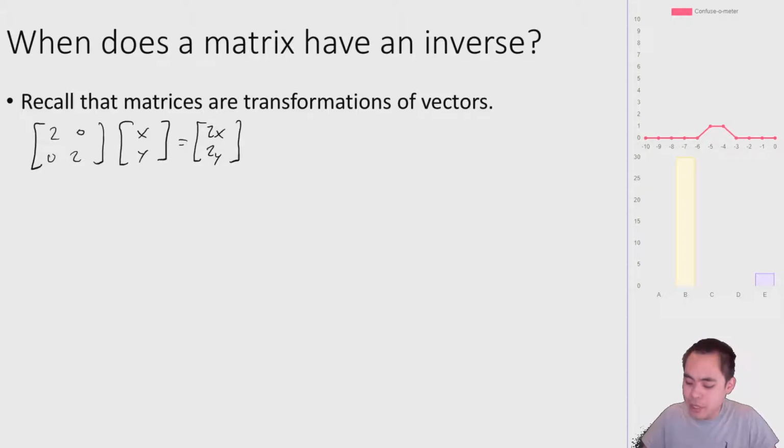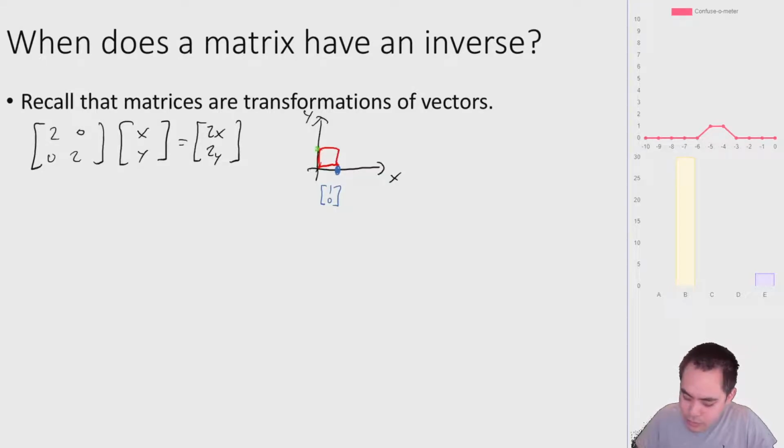One way of visualizing this is transforming a figure in the plane. I'm going to transform the unit box this time, since this will turn out to be quite helpful. Let's say we have a unit box here, where this point is 1, 0, and this point is 0, 1.